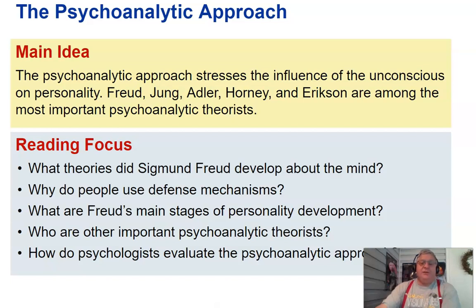What theories did Sigmund Freud develop about the mind would be one of your first questions. Why do people use defense mechanisms? What are Freud's main stages of personality development? Who are important psychoanalytic theorists? And how do psychologists evaluate the psychoanalytic approach?